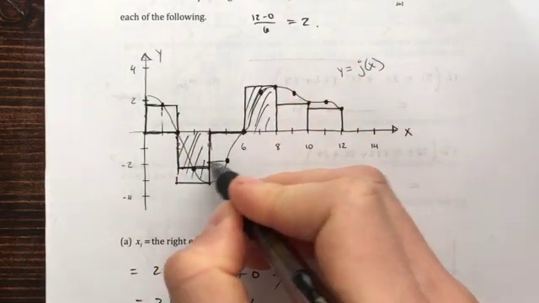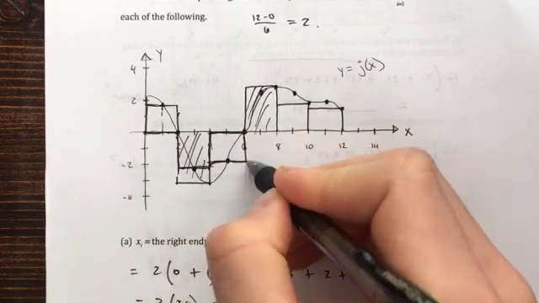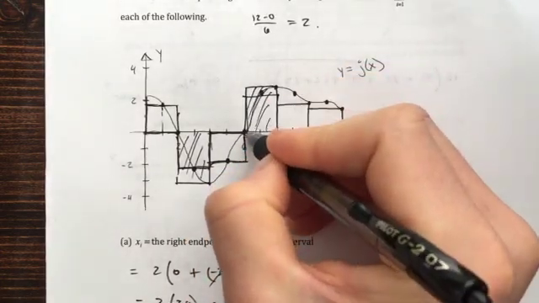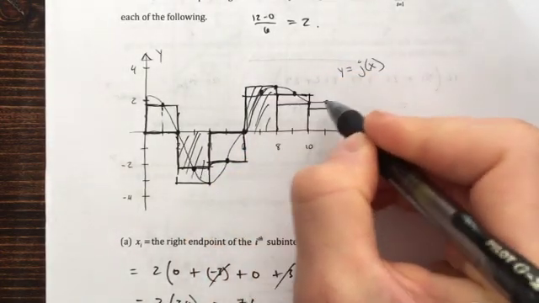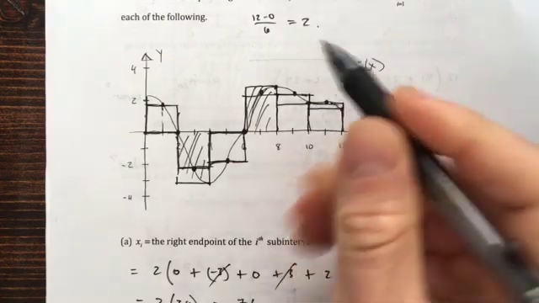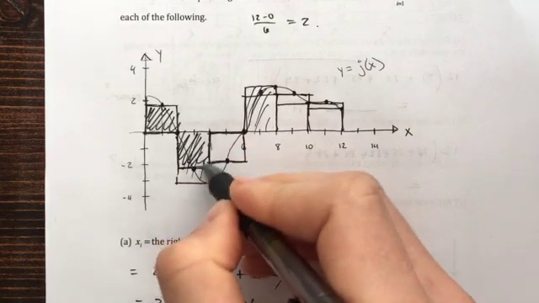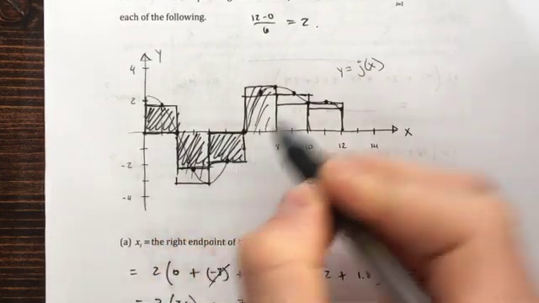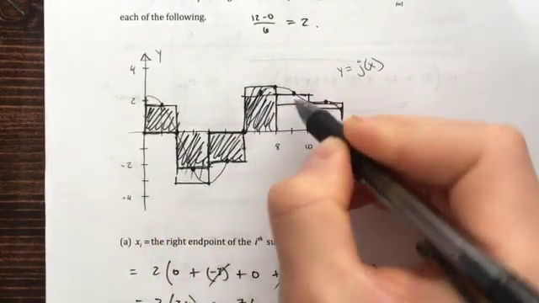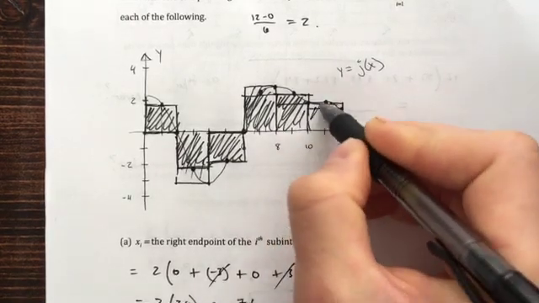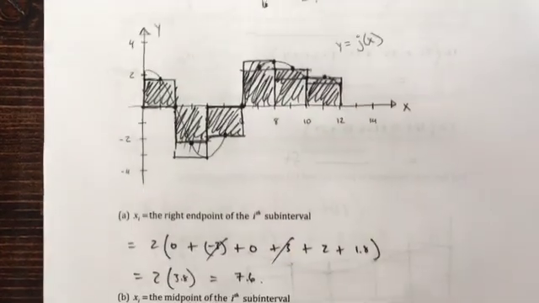This one would look like that, that, that, and that. So that one's going to be the midpoint there, midpoint there, midpoint, midpoint, midpoint, and midpoint.